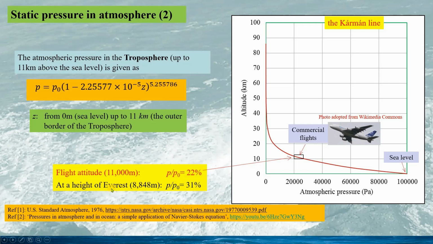And on Everest, at the height of 8,848 meters, the pressure would be about 31% of the pressure at sea level.